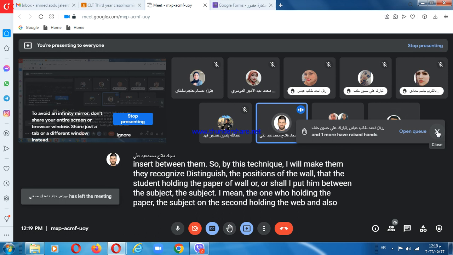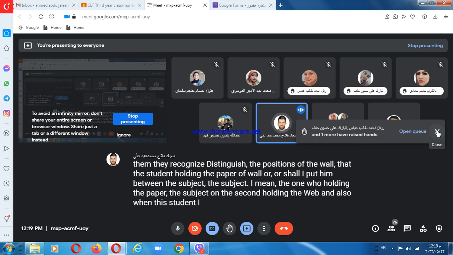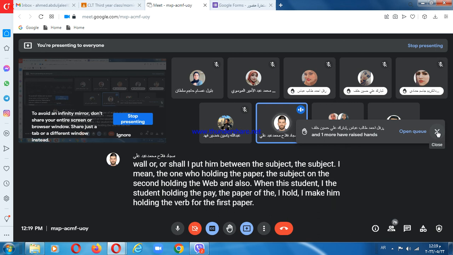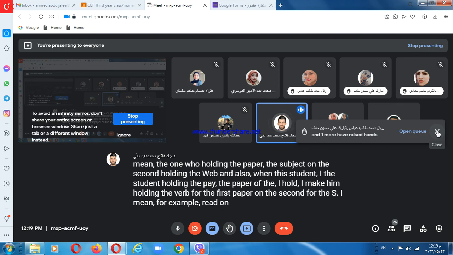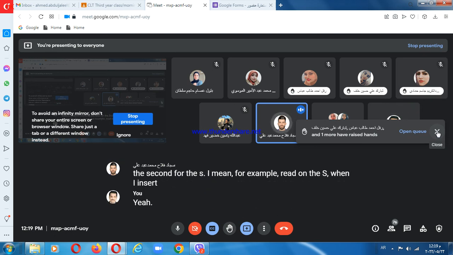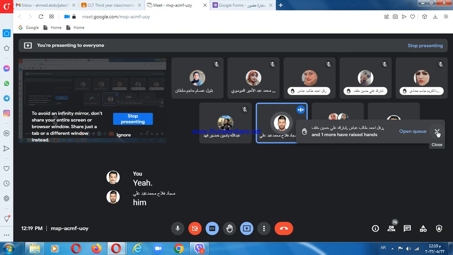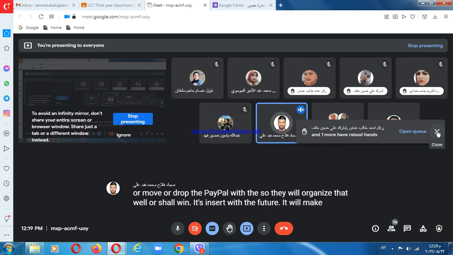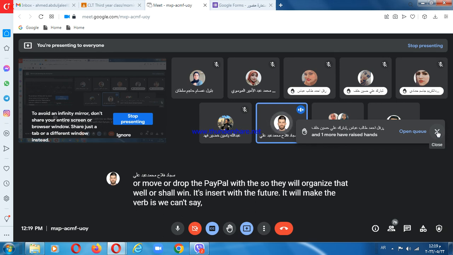And the student holding the paper of the verb, I make him hold the verb on the first paper and the S on the second, for example, read and S. When I insert that student, I make him remove or group the paper with the S, so they will recognize that when will or shall is inserted with the future, the verb is regular and without any addition. That's very fine.